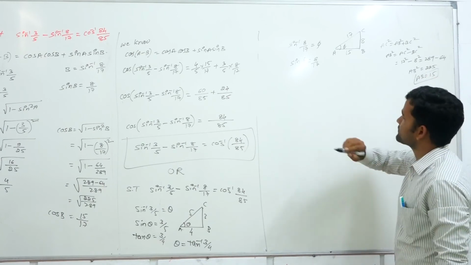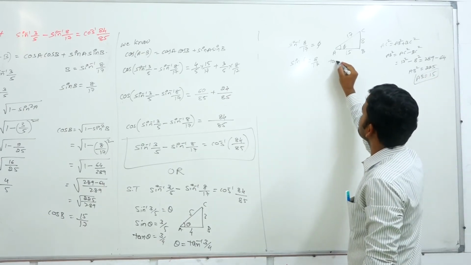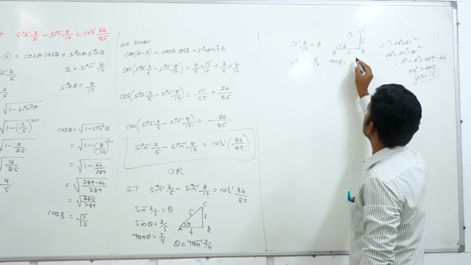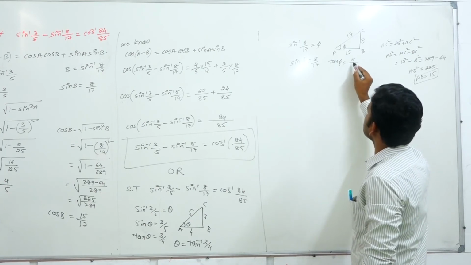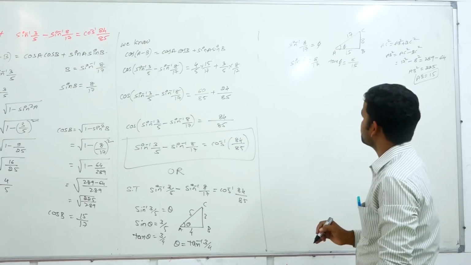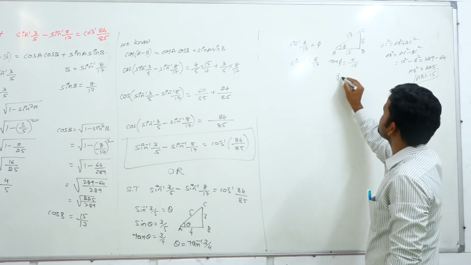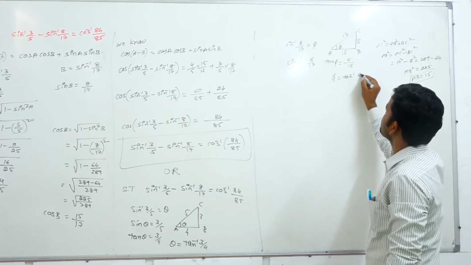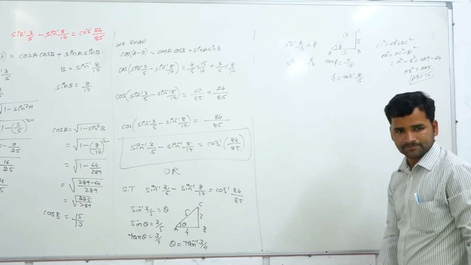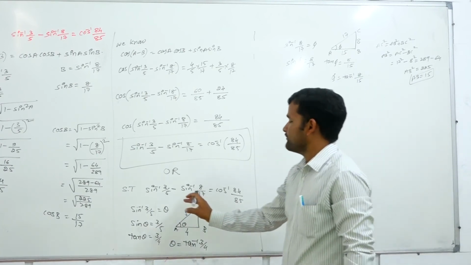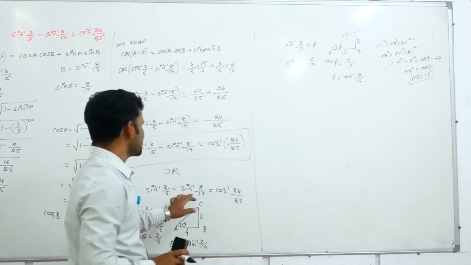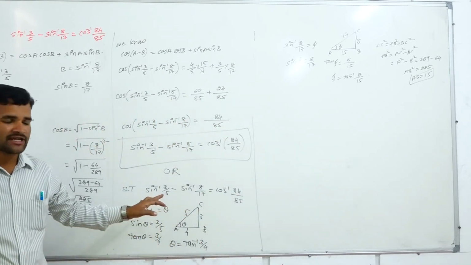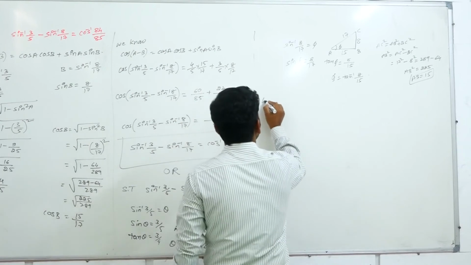Okay, that is 15. Now what will be the tan phi? Tan phi is equal to the ratio of opposite side and adjacent side, 8 by 15. Then phi is equal to tan inverse of 8 by 15. Means we are converting this sine inverse and this sine inverse in terms of tan inverse. Take LHS.